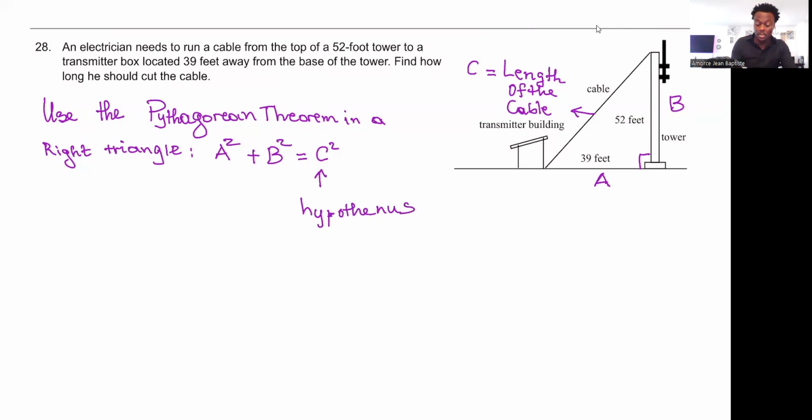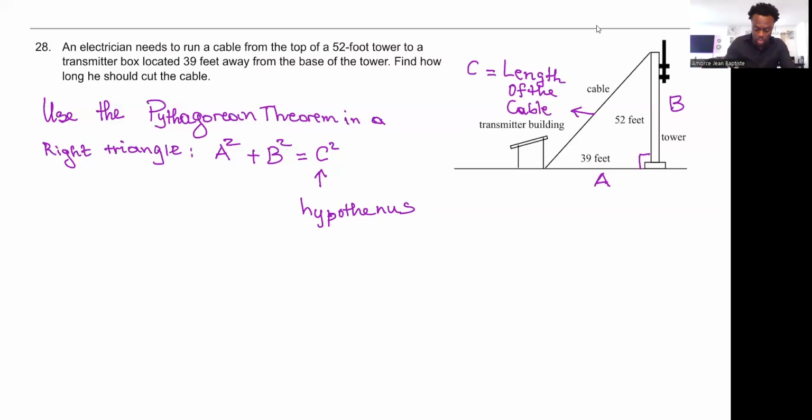When it's squared, the hypotenuse squared equals the sum of the squares of the sides of the right triangle.